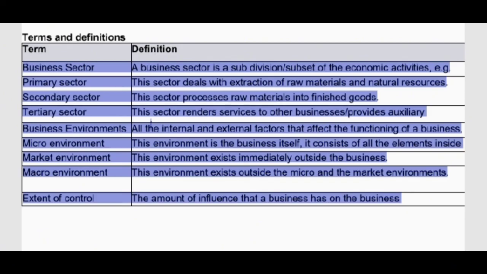Macro environment. This environment exists outside the micro and the market environment. That means when we speak about macro, it exists outside of micro and market. That means the business does not control market and micro.